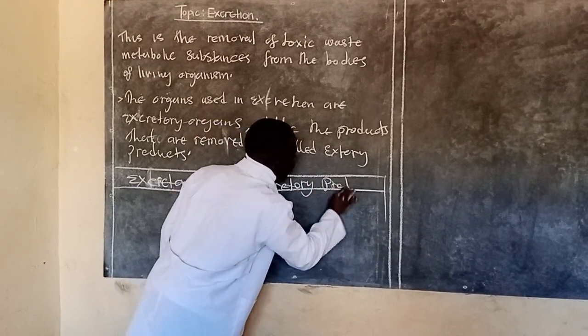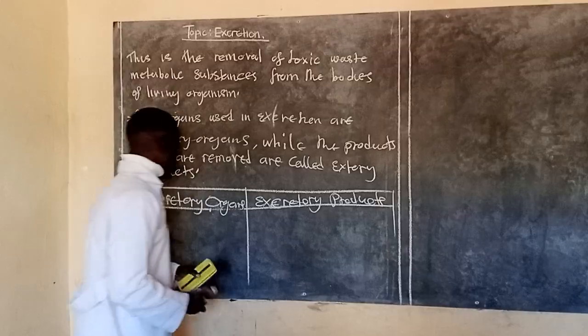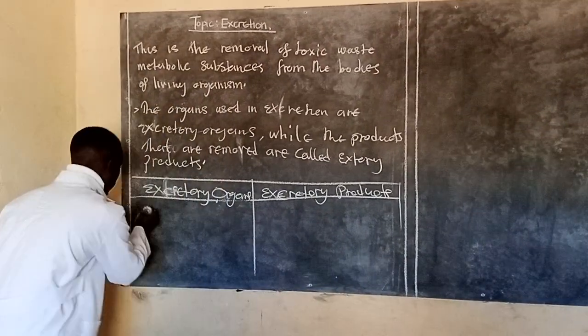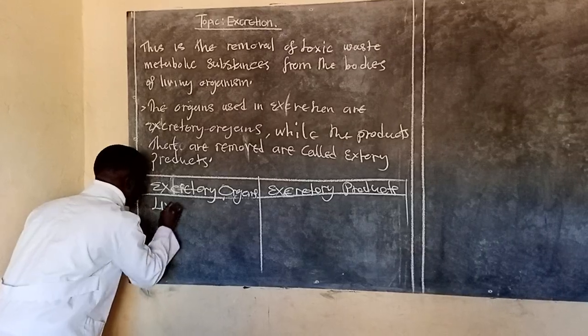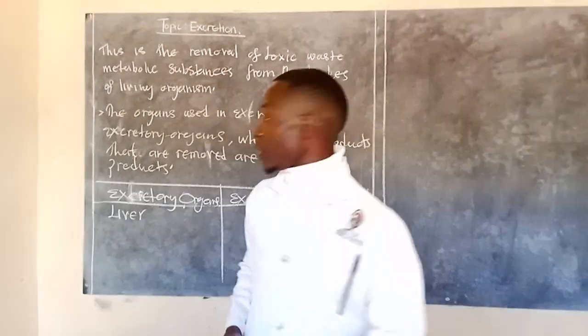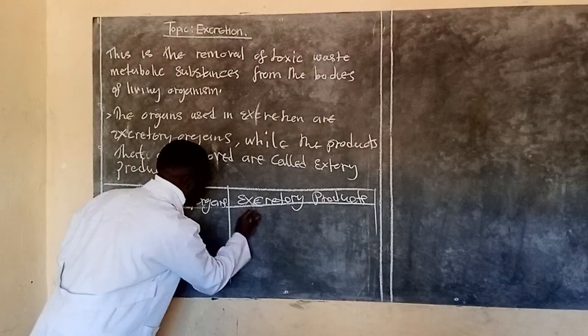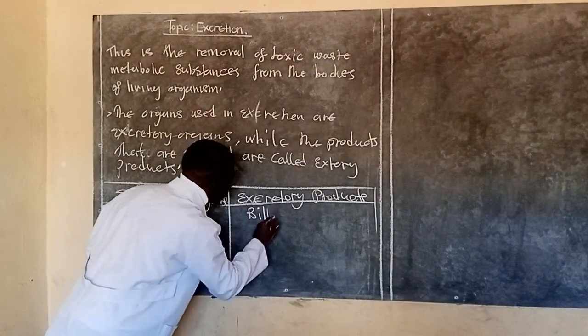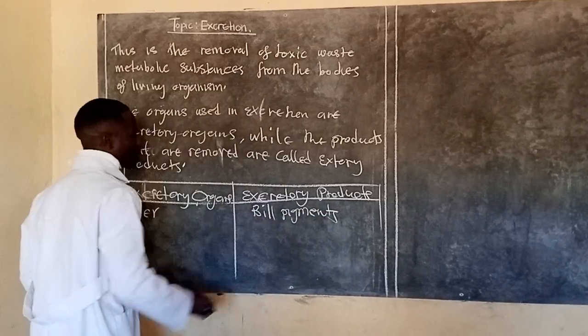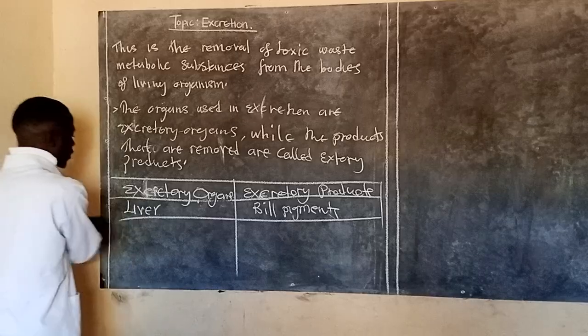Meaning, this is an organ that is used to remove the product that is here. Number 1, we have the liver. What does the liver excrete? The liver excretes bile pigments. That is one of the things that the liver excretes.